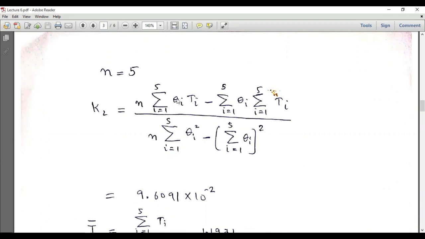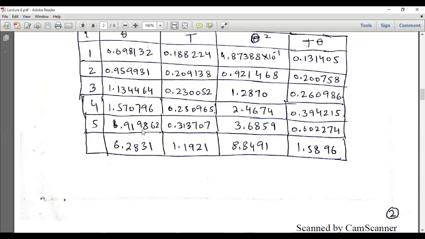In this equation you can see that we have four summations. This is the first summation in which theta and T values are multiplied. This is the summation of theta i, this is the summation of torque, this is the summation of theta square, and again this is the summation of theta i. So let's evaluate all these four summations, and then we will be able to calculate k2, right?